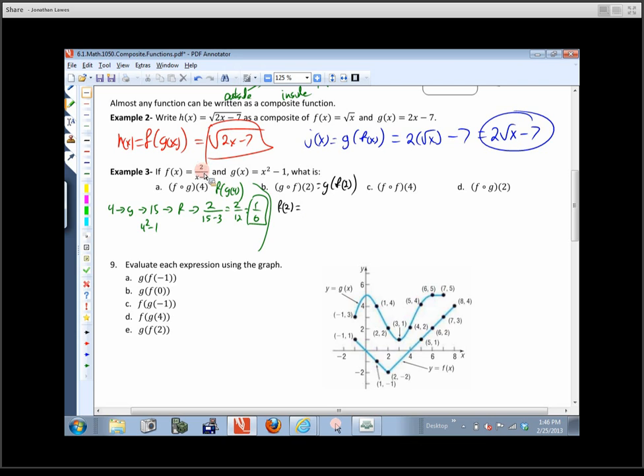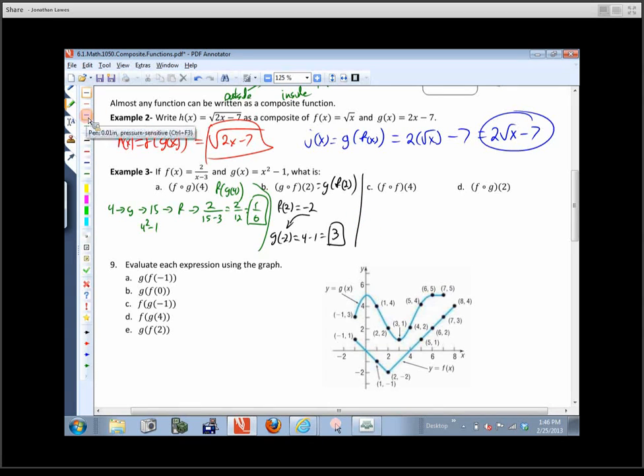Yep, plug in a 2, I get 2 over 2 minus 3, that's going to be a negative 1, so we get a negative 2. I'm then going to take that and I'm going to plug it into the g. So if I plug a negative 2 into g, I get negative 2 squared, which is 4 minus 1, so the answer is 3. So g of f of 2 is positive 3.